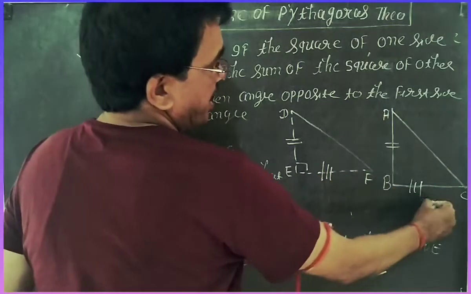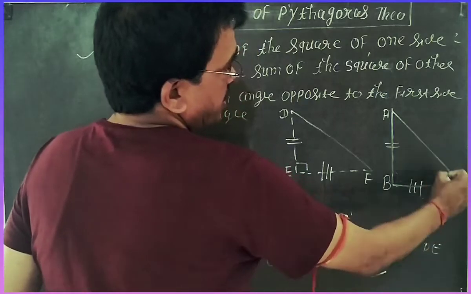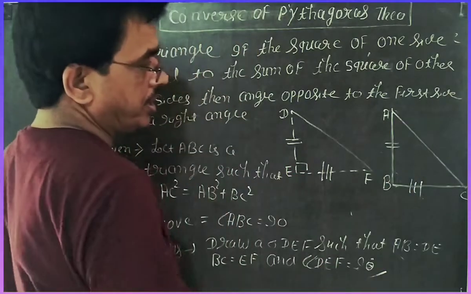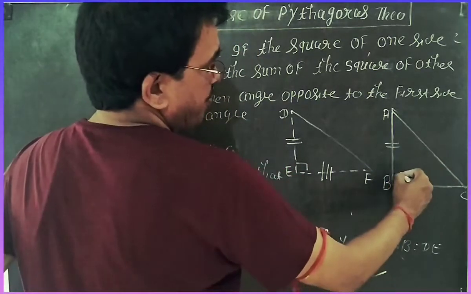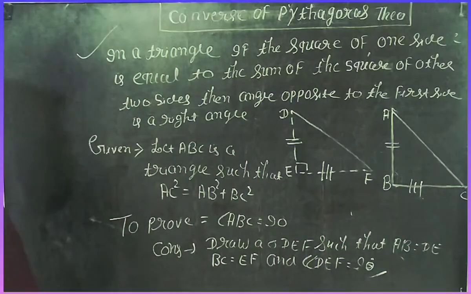ABC is a triangle and AB square plus BC square is equal to AC square. Then the angle opposite AC, that is B, is a right angle, you have to prove. It is the statement of the converse of Pythagoras theorem.